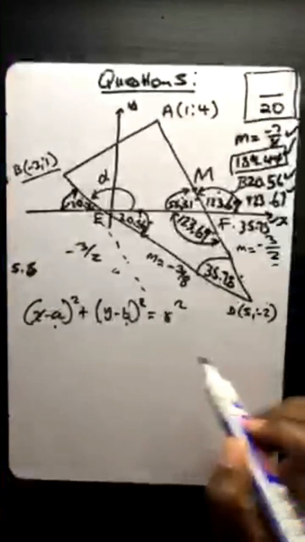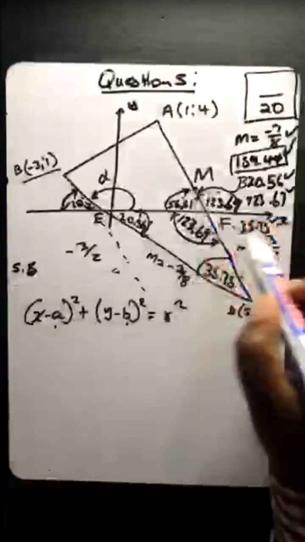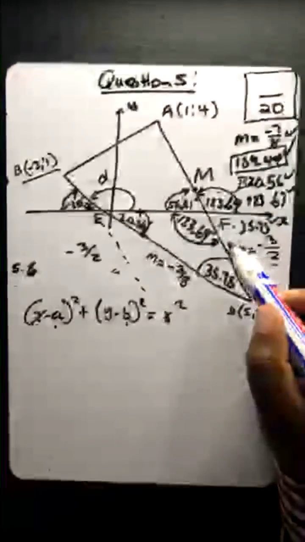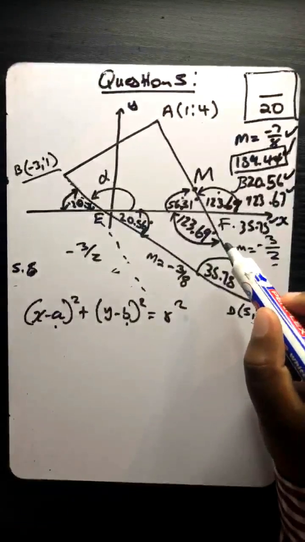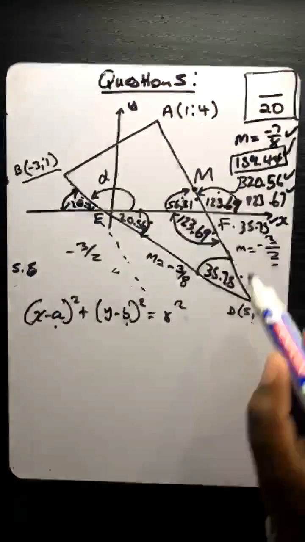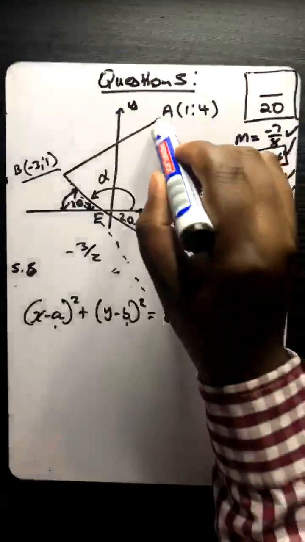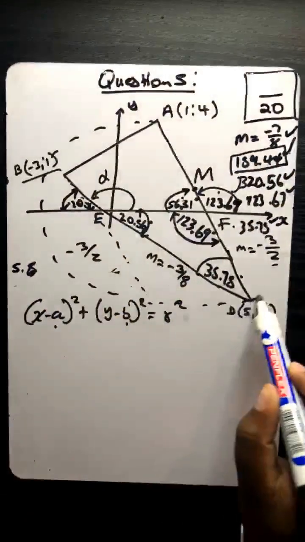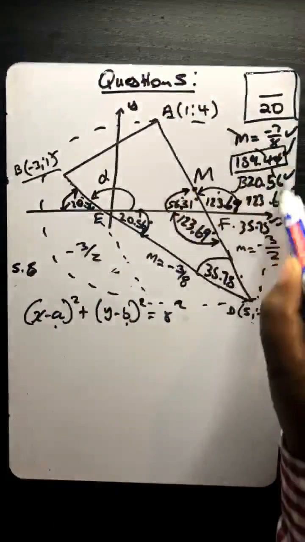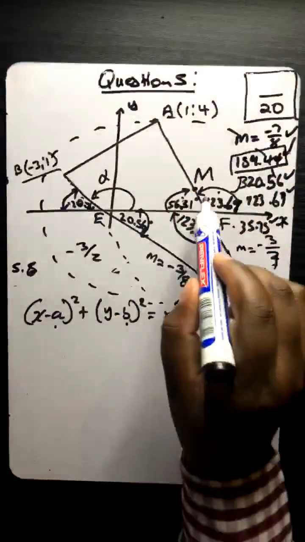Remember, this circle has a center at M. Determine the equation of a circle with center M passing through points A and D. Where is A? There is D. So that means we can just say we have a circle similar to that. This is just an estimation. And then now having a center there.